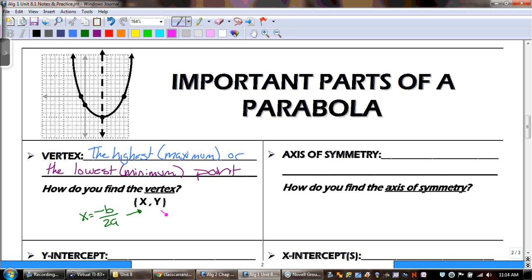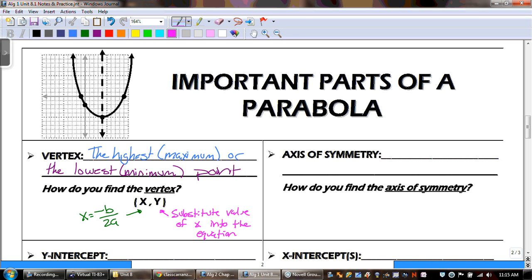And to find the y, we would substitute the value of x into the equation. So first we find out what x is, and then we substitute it in.